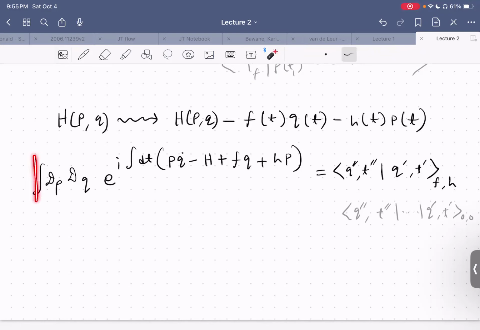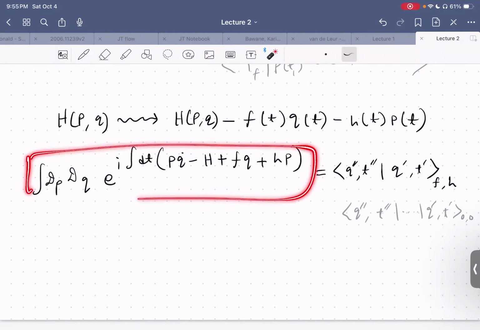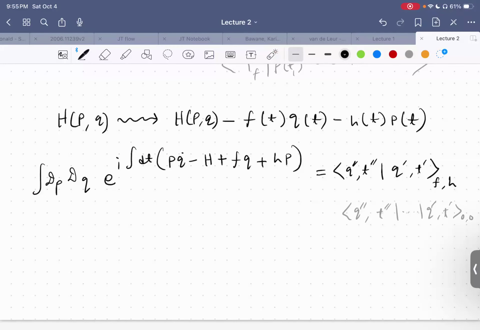What I mean is that this object depends on f and h, because f and h are not integrated over. So there's some fixed function, and we can vary them. What happens if you take the derivative of this with respect to f, let's say? We act on this thing with the functional derivative at some time t1.